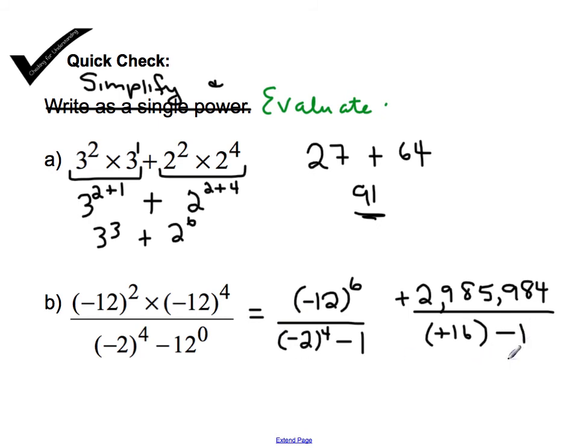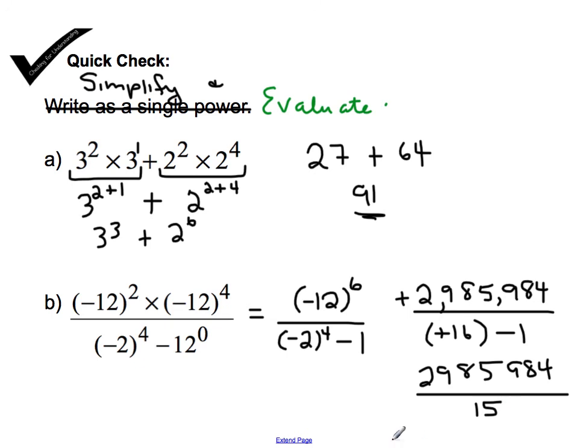And we have 1. So now we're going to go 2, 9, 8, 5, 9, 8, 4 over 15. Now, if this is reducible, which I don't think it's going to be, you would just leave it as a fraction, or you might want to convert it to a decimal. Let's see how bad the decimal is. 2, 9, 8, 5, 9, 8, 4 divided by 15.